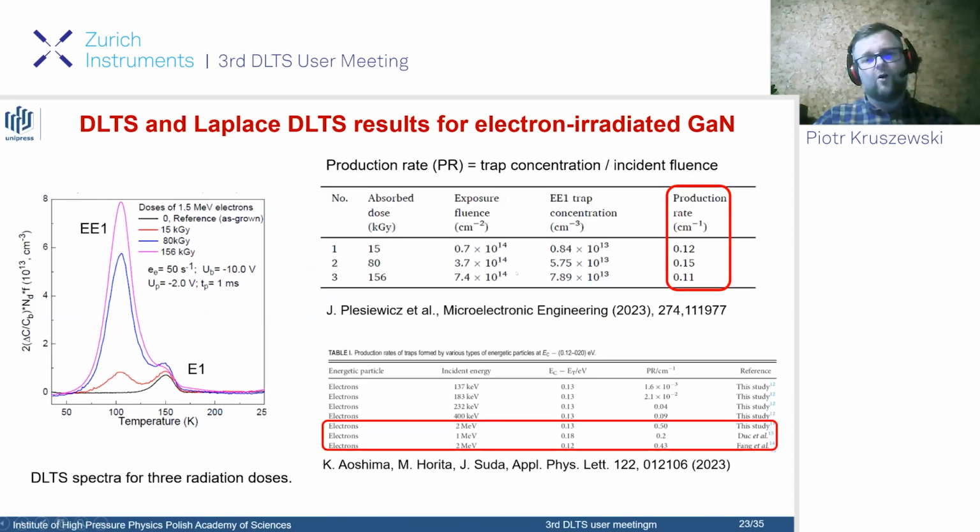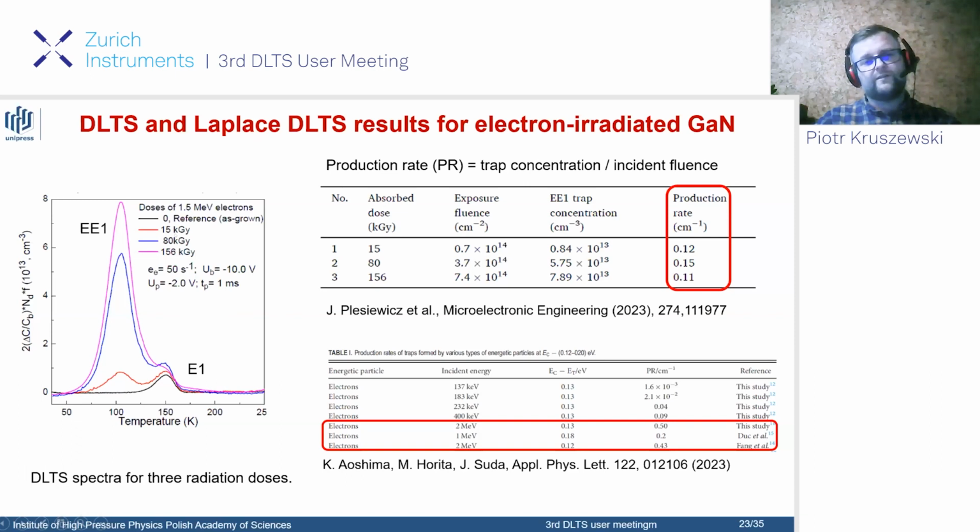Okay, what more? We also calculated the production rate. It means the parameter which says how many electrons are needed to create a defect in the material. So the production rate is defined here as a trap concentration divided by the incident fluence.